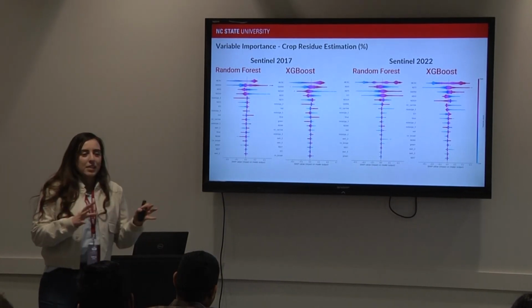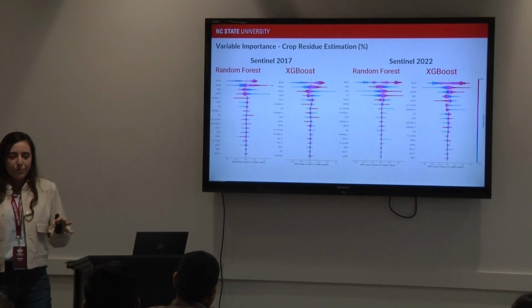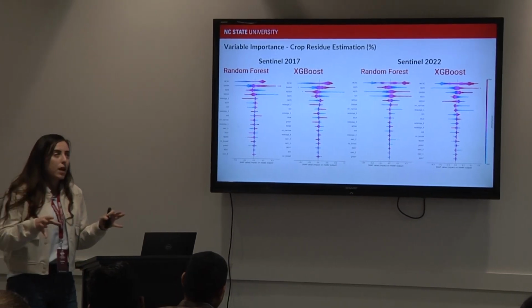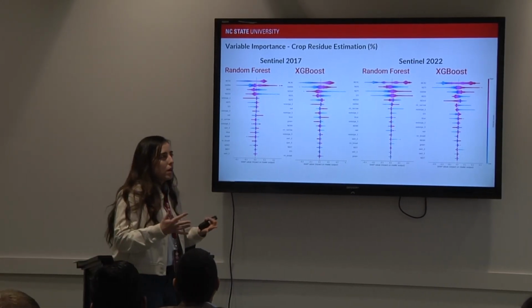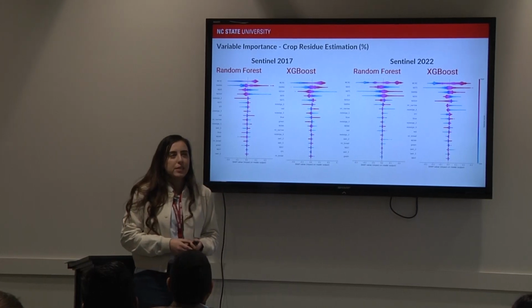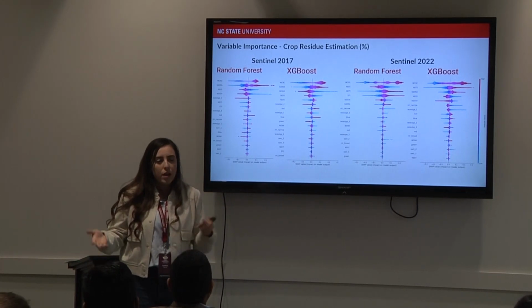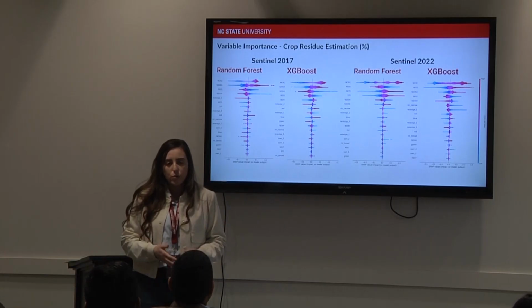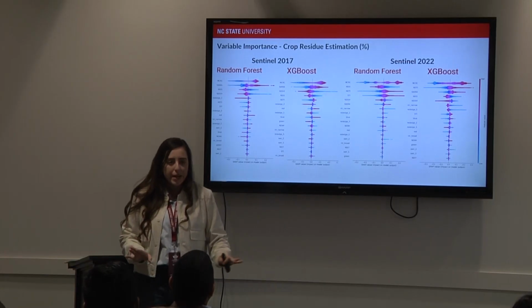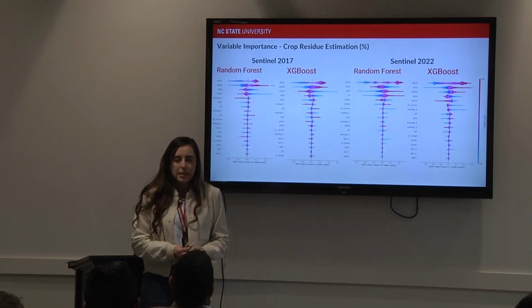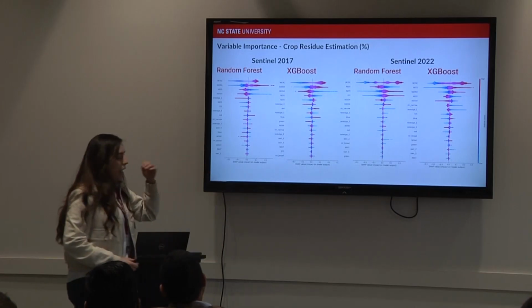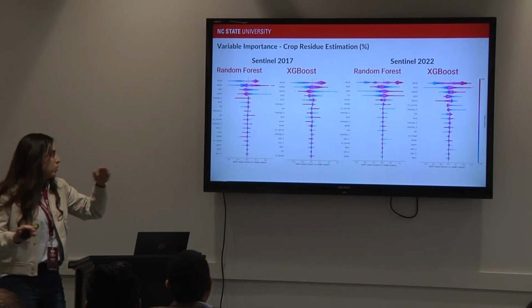This is an analysis called SHAP values. I know that usually people tend to present mean decrease accuracy, but because I'm also working with neural networks, I want to be consistent throughout my analysis, and that's going to be my next analysis. So I decided to use SHAP values.